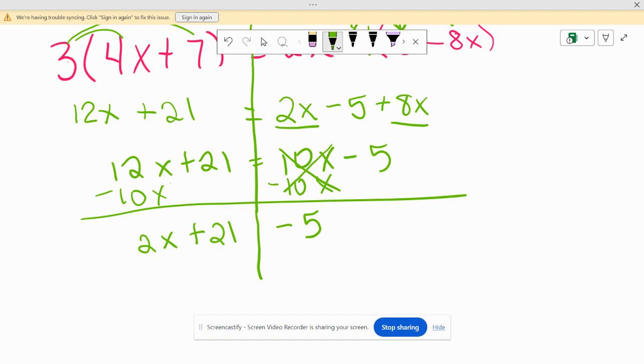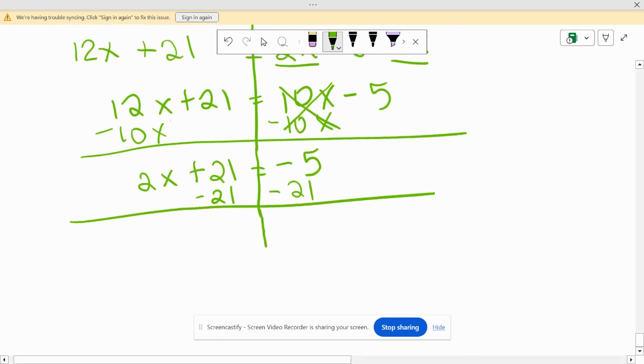Okay, so now I've got a nice little two-step equation here, and I need to subtract my 21 to get all of my numbers on one side and all of my variables on the other. So here, 21 minus 21 is 0. So those are now eliminated.